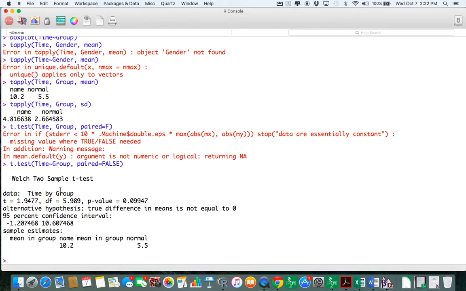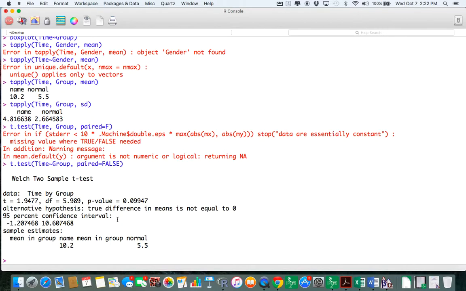All right, so when I look at this, my test statistic is 1.94, with degrees of freedom. We've done a Welch two-sample t-test, so we're not assuming that we have equal variances. This is an unpooled t-test, and our p-value is above 0.05, so we fail to reject the null, as indicated by the confidence interval containing 0.